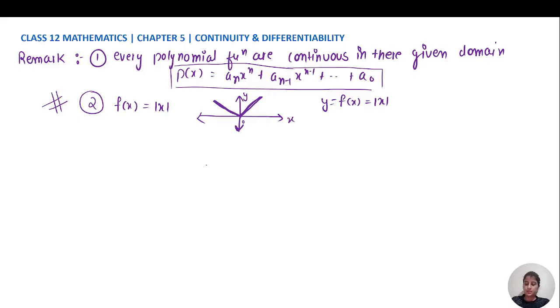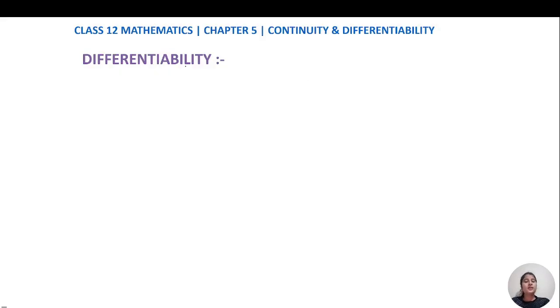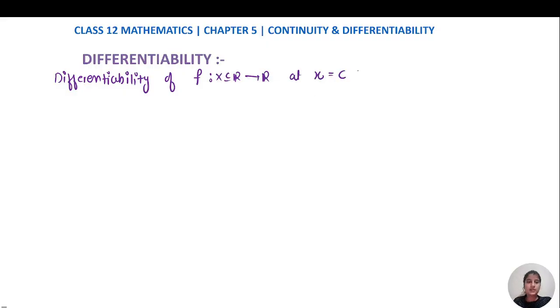Now let's move ahead to the next topic, that is differentiability. Differentiability is one step ahead of continuity. Let's see its definition. Differentiability of a function f, which is a real valued function from a subset of R to R, at a point x equals c: we say that f is differentiable at a point x equals c if the limit as h tends to 0 of f of c plus h minus f of c divided by h exists.